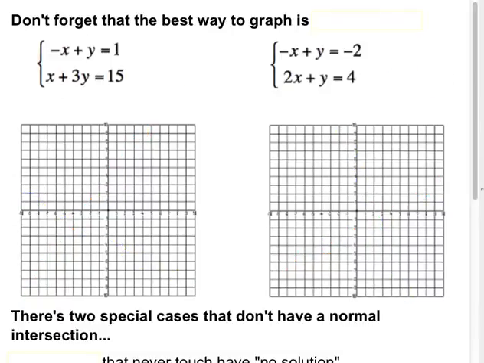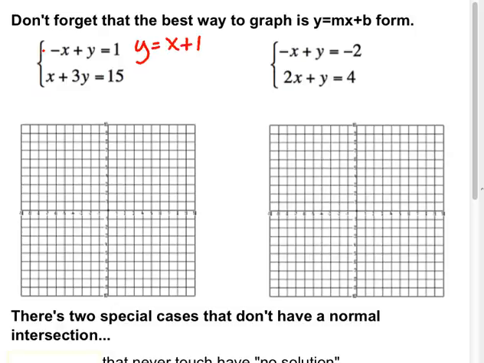Now, of course, we're going to get things that are slightly different than that. Remember, the best way to graph is y equals mx plus b form. So we always want to make sure that we get it in y equals mx plus b form. For this first one, I need to add that x over.